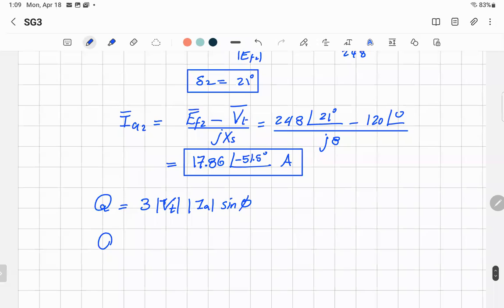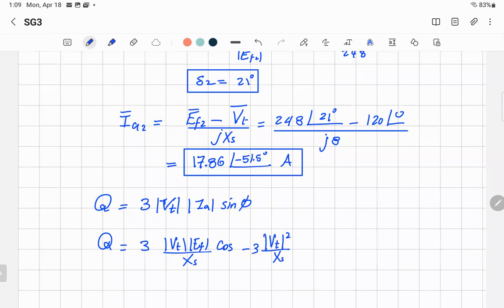And the other one, which we got using both voltages, is 3 VT EF over XS, not sine as for the power, but cosine for the Q, minus a constant term, VT squared over XS, and you have 3 here.